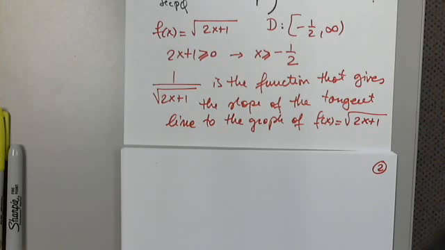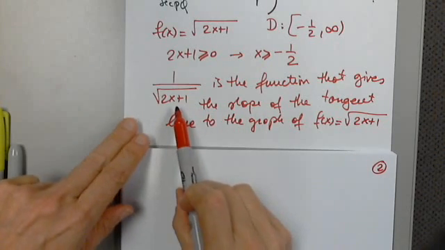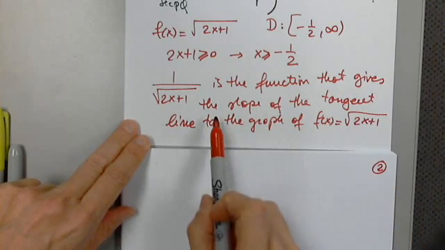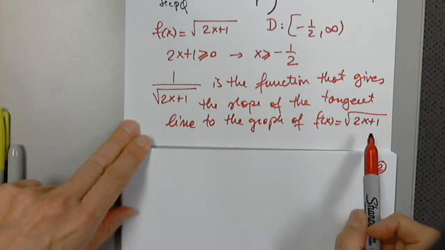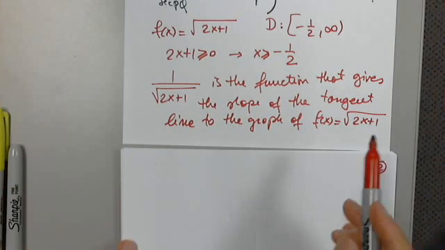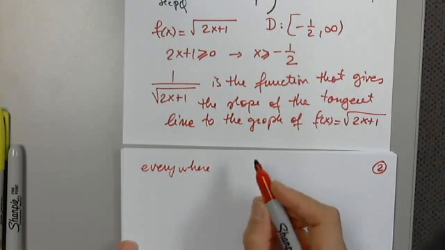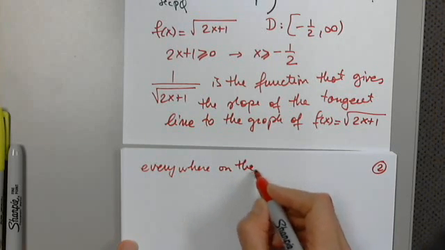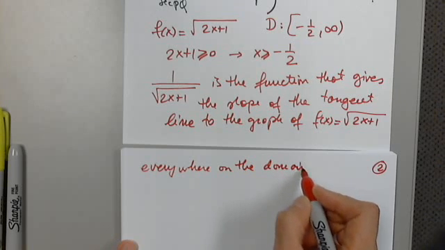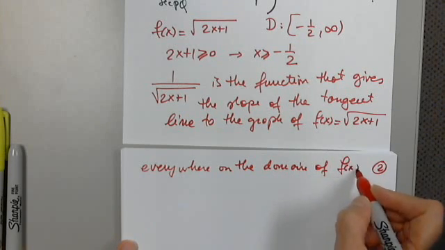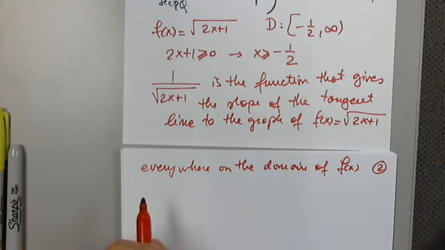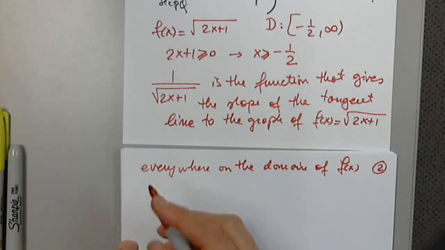So this is the function that gives the slope of the tangent line to the graph of the function everywhere on the domain of f of x where the tangent is defined.